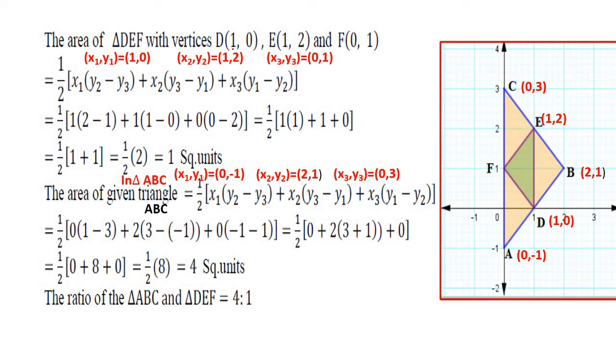So here D is (1, 0), and E is (1, 2). So this is the value of E, and F is (0, 1). So (0, 1) are the coordinates of F. Okay, now let us find out the area of the triangle DEF.